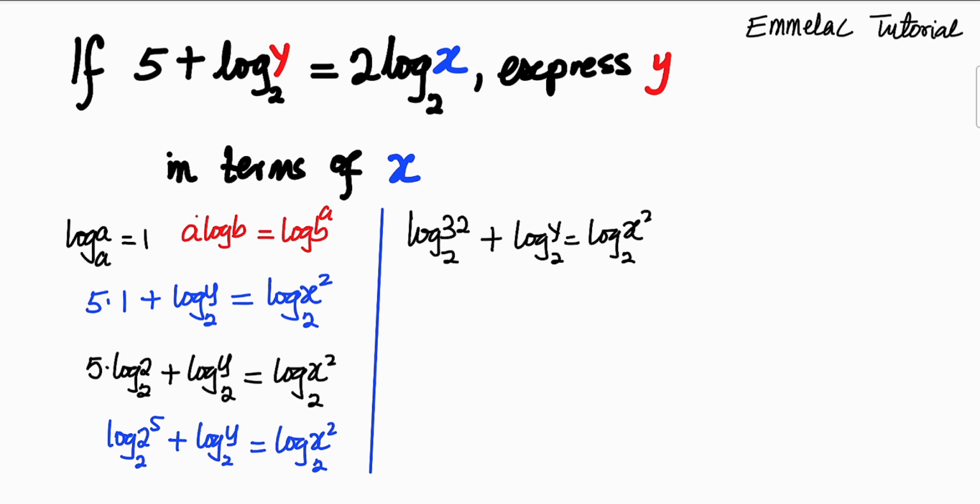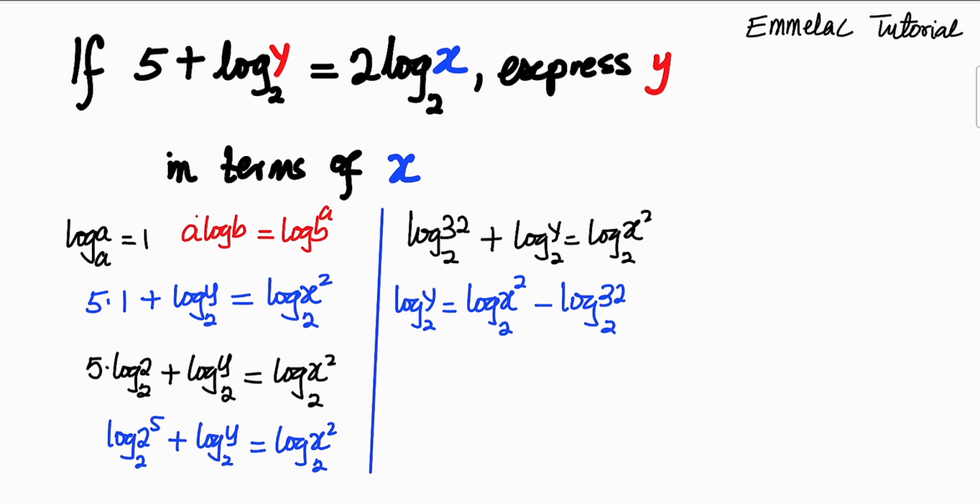So let us take this and move it to the right hand side. So this becomes log y base 2 equals log x raised to 2 base 2 minus log 32 base 2.